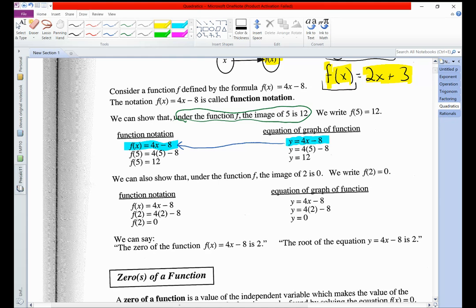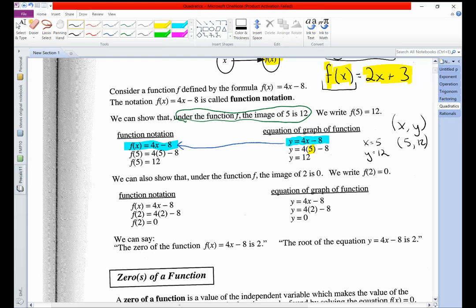And then the next step here, they said, okay, if the input is 5, or if the x is 5, we put that in, and our output is 12. Our y value is 12. So when x equals 5, our y value is equal to 12. And that actually corresponds to a point on that graph. If we were to write a point, we always write it as x, y, so that would become 5, 12, and you could graph that.